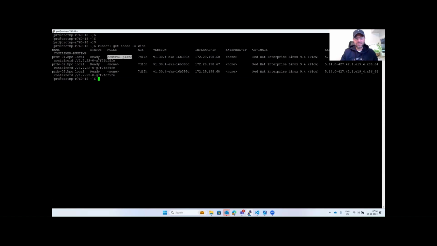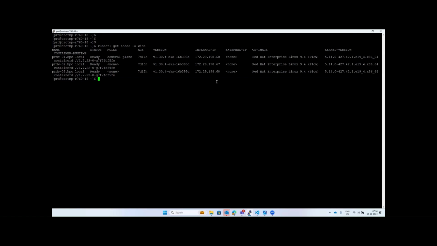Ideally, the control plane should be a 5 node, but this is a 3 node minimal cluster with 1 control plane, 2 worker nodes. The data plane IPs are 198.67 and 198.68. The iDRAC IPs are 197.67 and 197.68.